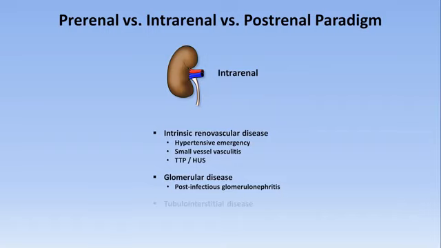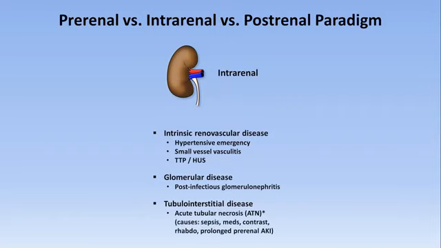And we also have the tubulointerstitial diseases. The most notable example is acute tubular necrosis, or ATN, which itself can be caused by many things, including sepsis, medication toxicity, iodine-containing intravenous contrast for CT scans, rhabdomyolysis, and any cause of so-called prerenal AKI which goes uncorrected for too long.